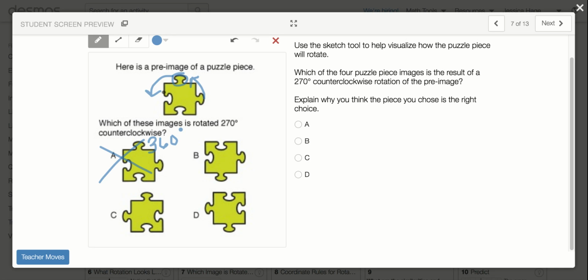Okay, so we need to find a puzzle piece to eliminate where one of them is sticking out on the left and the top. Okay, so this one, letter C, has the left sticking out and the top, which would be turning that puzzle piece once. So we want to eliminate that one because that would be 90 degrees counterclockwise.